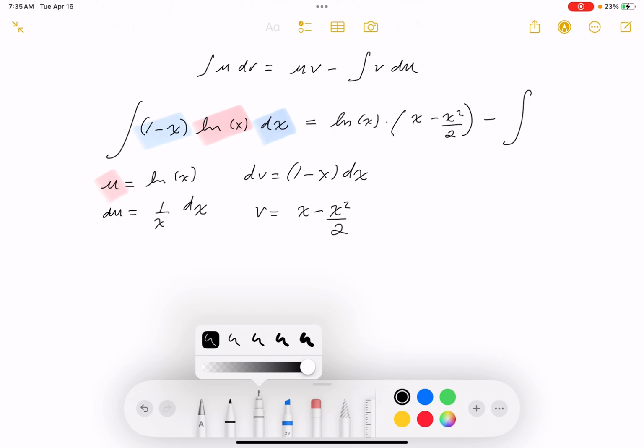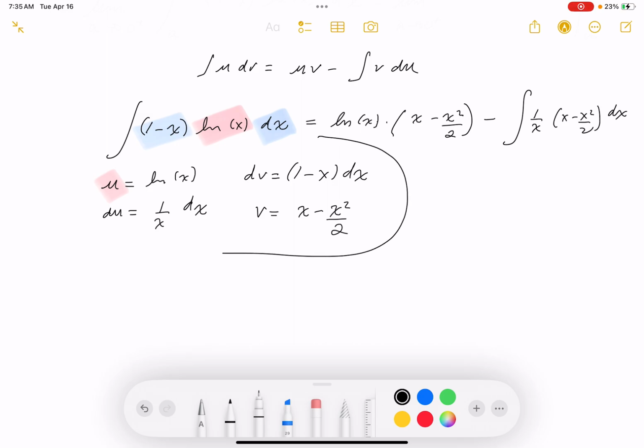So let's see, du is 1 over x dx, and the v is x minus x squared over 2. All right, I'm going to try to do this. I'm going to pull this over here now. This is equal to the natural log of x, I'm going to put a 2 here, and I'll put down 2x minus x squared.